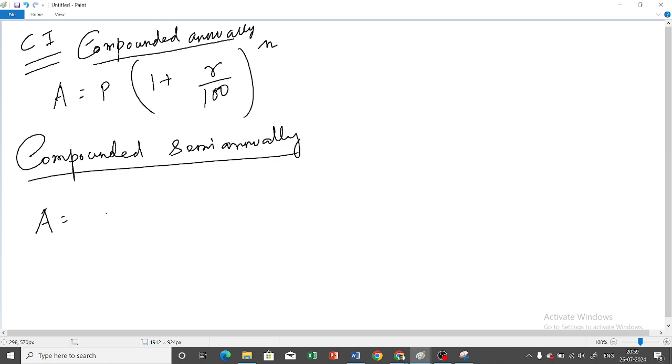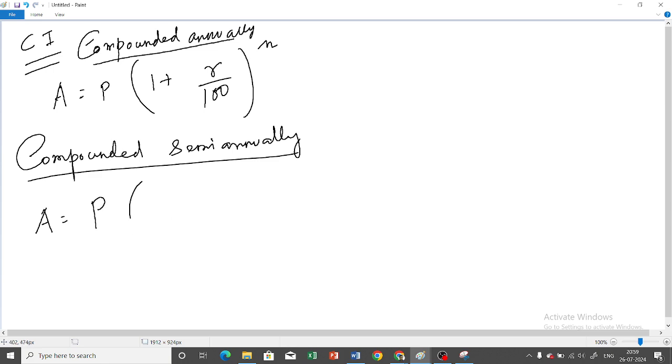This is where it doesn't follow that n is time, because if compounded semi-annually, in 1 year how many interests are you going to get? 2, after 6 months, right? So there are two 6-month periods, so you are going to get 2 interests. Then how is n equal to time? Time is 1 year, but n is 2 over here.